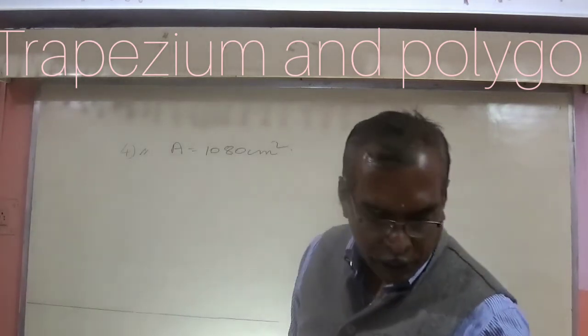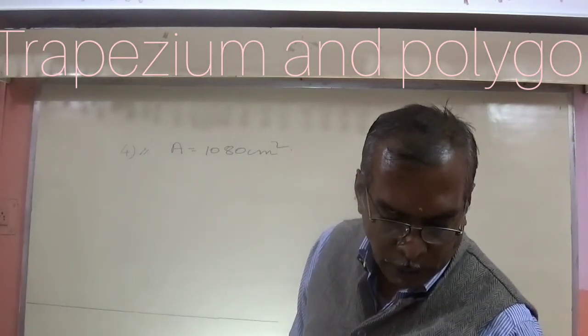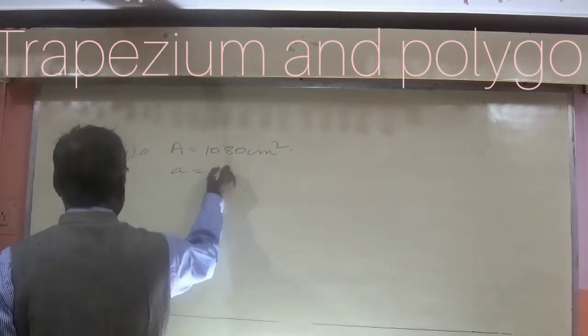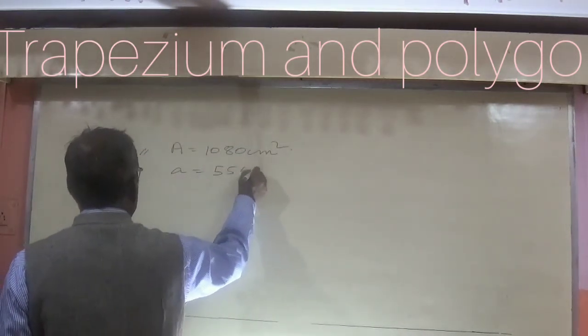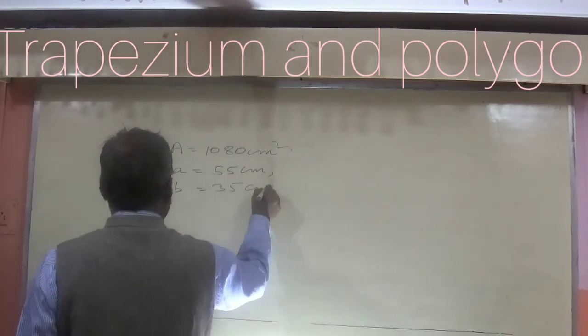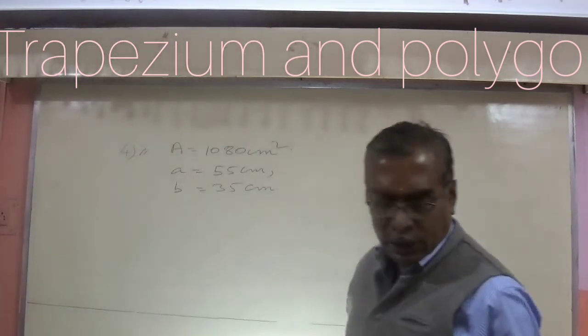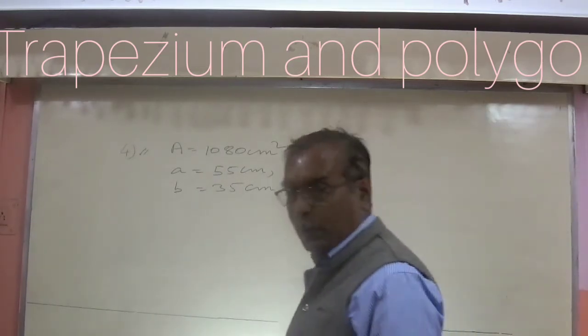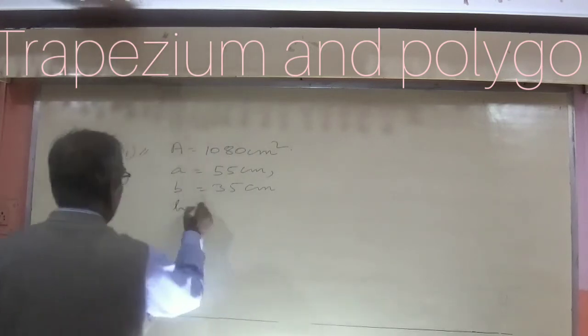The length of the parallel sides is given, that is A is equal to 55 centimeter and B is equal to 35 centimeter. What is required to find? They are asking you to find the distance between these parallel sides, that is, you will have to find H.